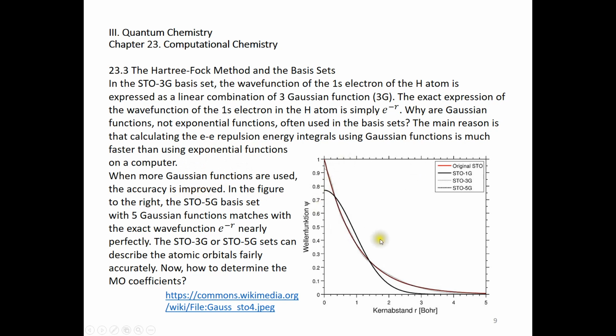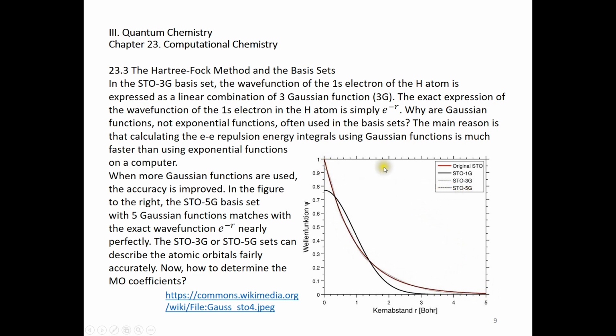So right now we're comparing this original STO, e to the power of -r, the red curve, with STO-1G. This is just one Gaussian function, thus 1G. This is STO-3G, still looks like a bell shape. And then STO-5G.